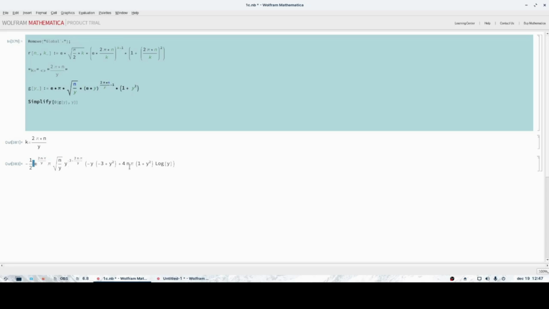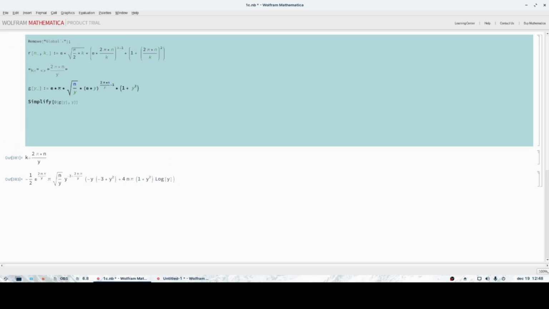This Euler number cannot be 0. So this parenthesis is the important thing. We should consider this as the resolution for our problem. So I will try to calculate when this is 0, and let's say why we are interested in it.